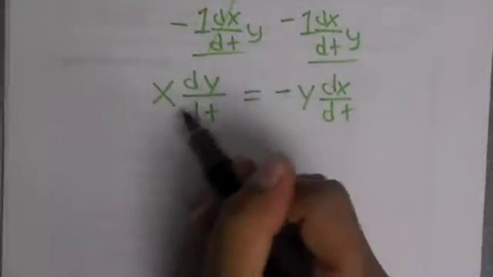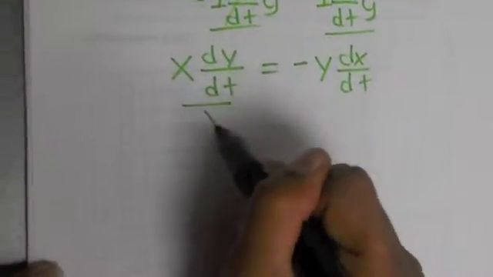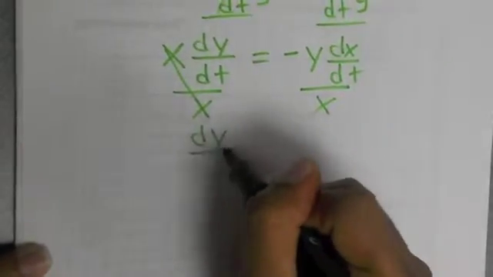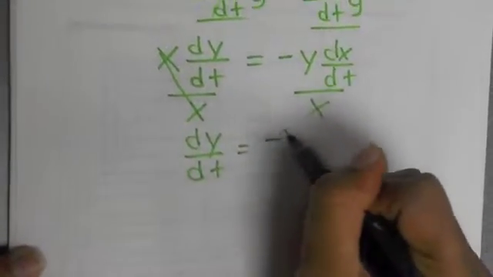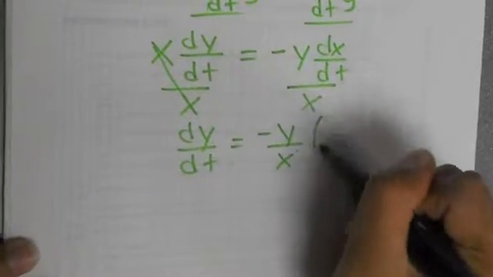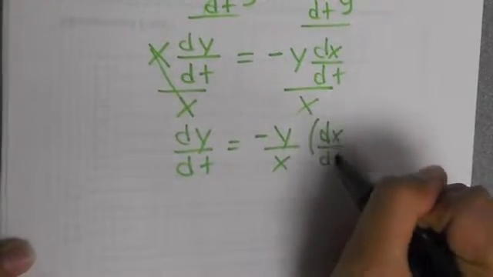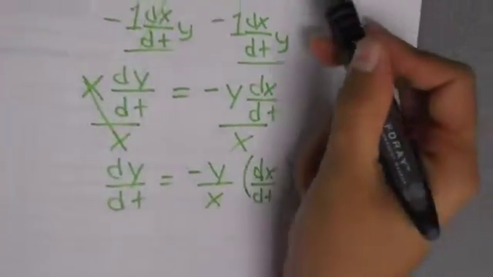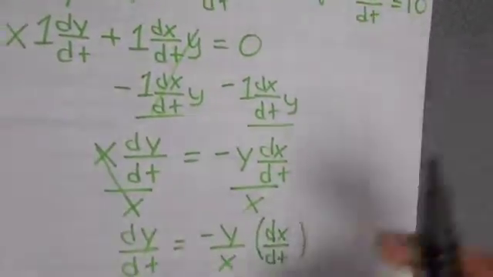Now we're going to divide both sides by x, so we can have dy over dt alone. Okay, now we can substitute.